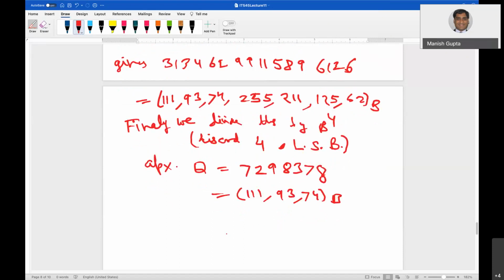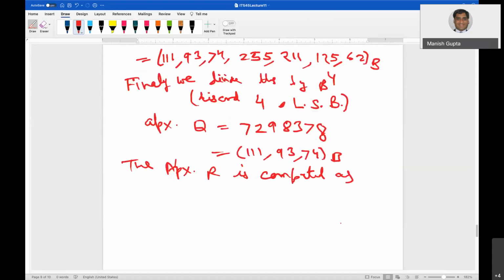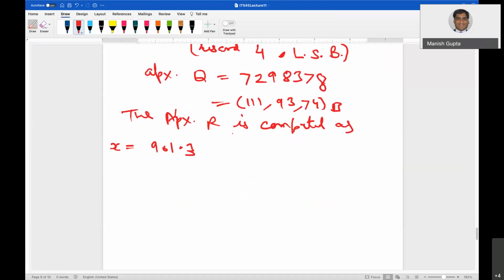So the approximate R is computed as follows. x is equal to 901034409 73896.